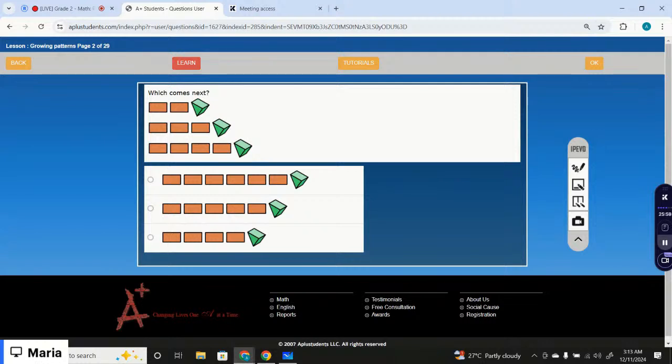So which is the correct option? The correct option is the one where the rectangles are growing. So option number two is the correct option. You have one, two, three, four here. Now you must have five. So option number two is the correct option. Very good.